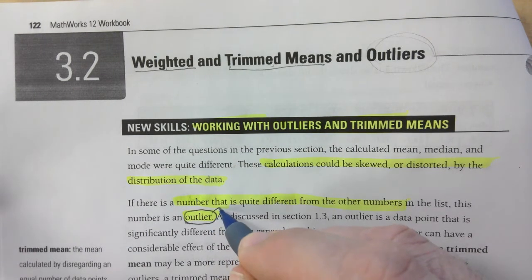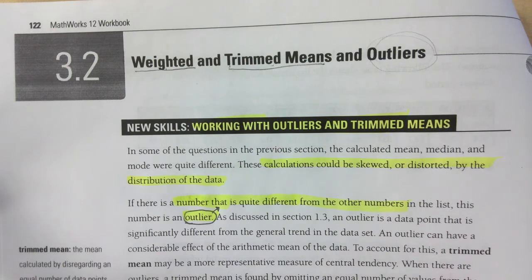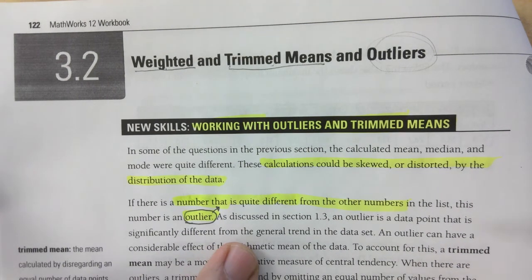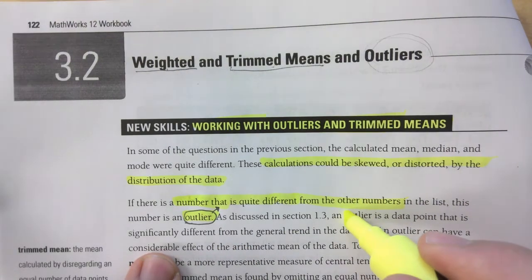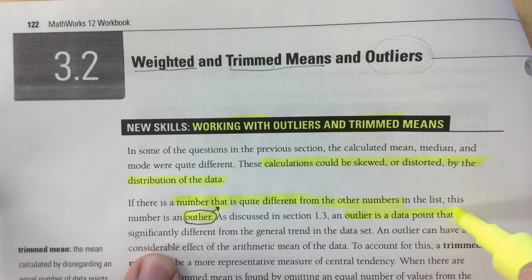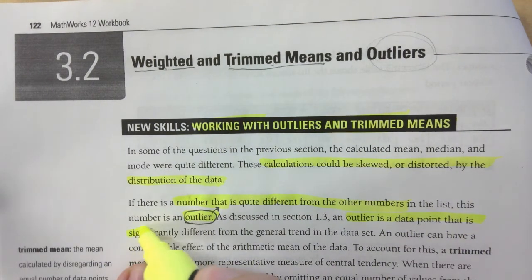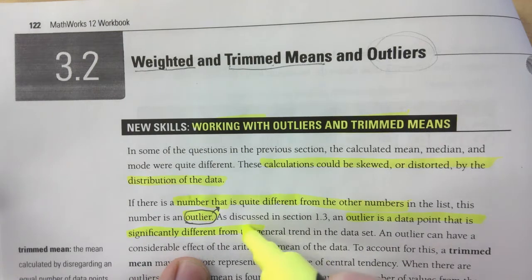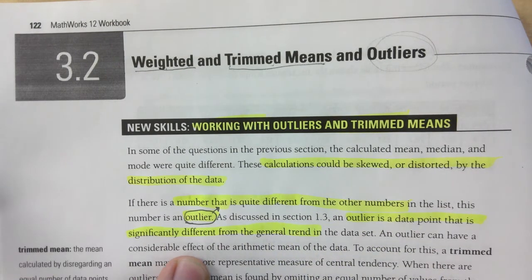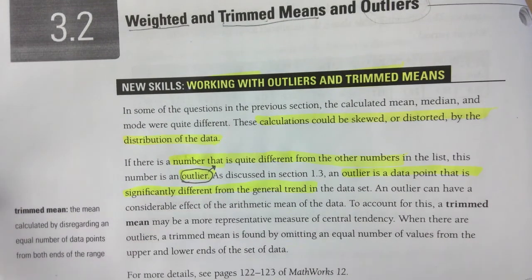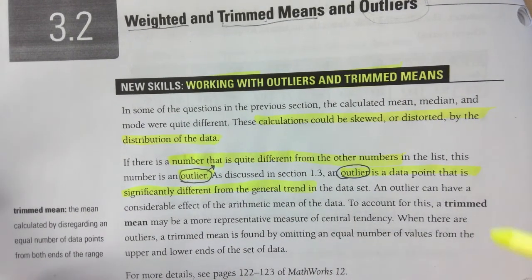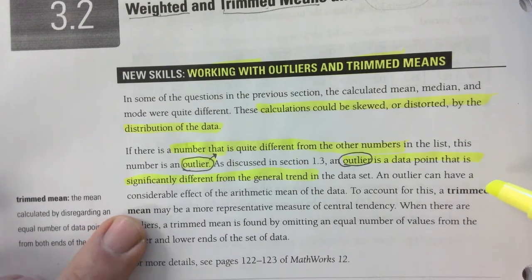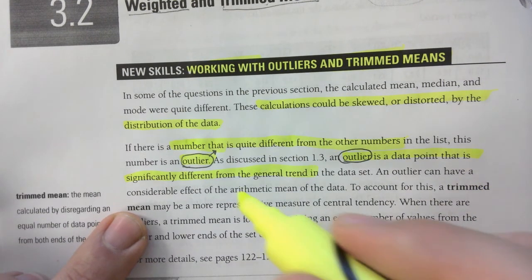So if you want to put an arrow up here, your definition is above it. As discussed in section 1.3, an outlier, here it is again in different wording, is a data point that is significantly different from the general trend. An outlier can have a considerable effect on the arithmetic mean.